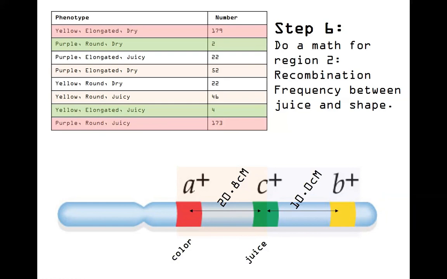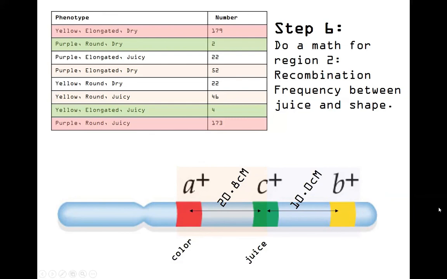Areas around the centromere and telomere are going to be a little more difficult. But generally, once you take a lot of markers together, which is what we're going to look at in the next video, you can start to get a good idea of what these genetic distances, these map units, are going to be along the entire chromosome.